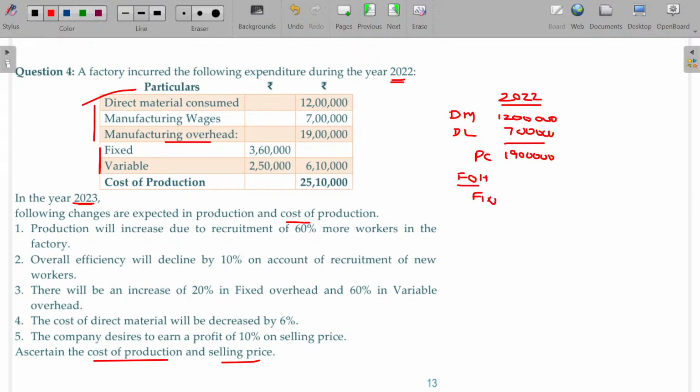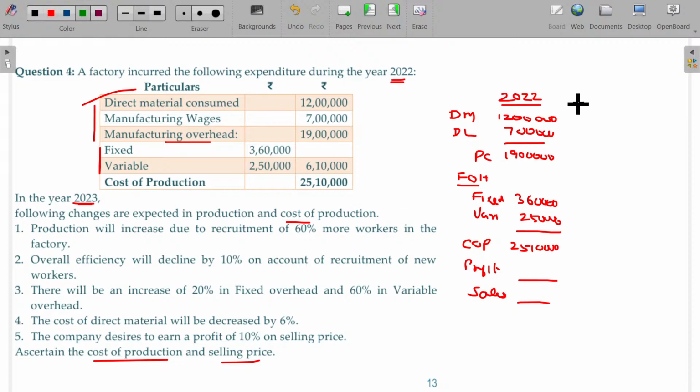We have a sub-classification, fixed being 3 lakh 60,000, variable being 2 lakhs 50,000. Then cost of production in this case being 25 lakhs 10,000. By adding profit, you will get the sale price, but that information is silent here.